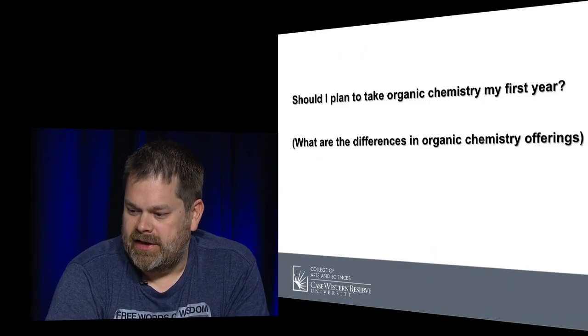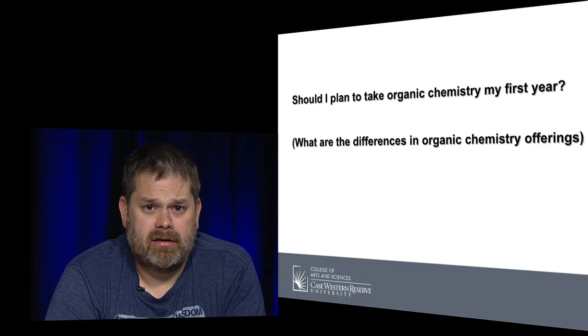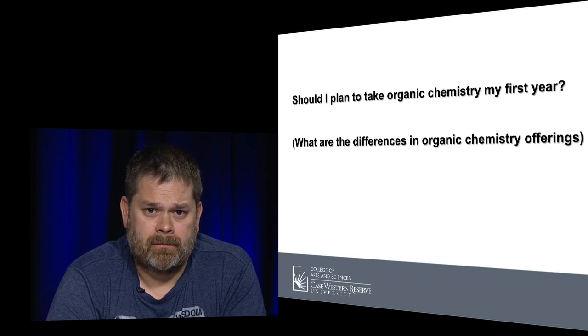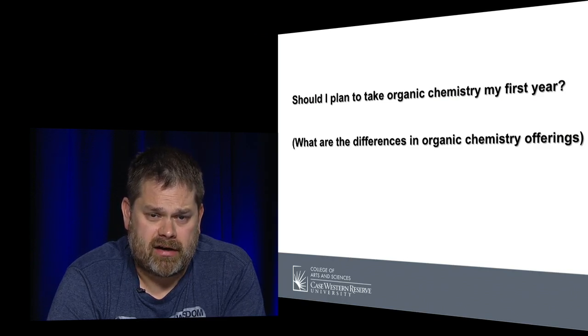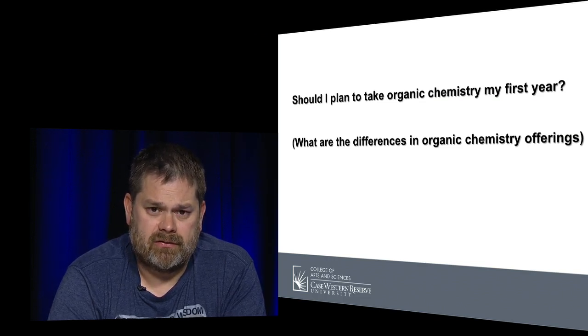So should I plan to take organic chemistry in my first year? If you have credit for Chem 105 through AP, or if you took general chemistry at a college before coming here, we would strongly encourage you to enroll in the first semester of organic chemistry in the first semester of your sophomore year.